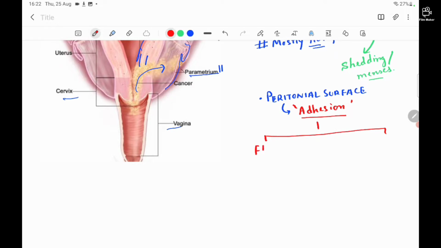It might be a flimsy adhesion or a dense adhesion. As a doctor, or maybe as a gynecologist, you might suspect that a flimsy adhesion is a gonococcal infection, because it happens in most of the cases. And if there is dense adhesion, this is non-gonococcal.